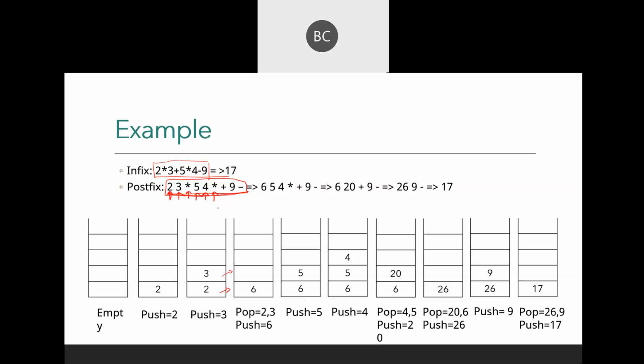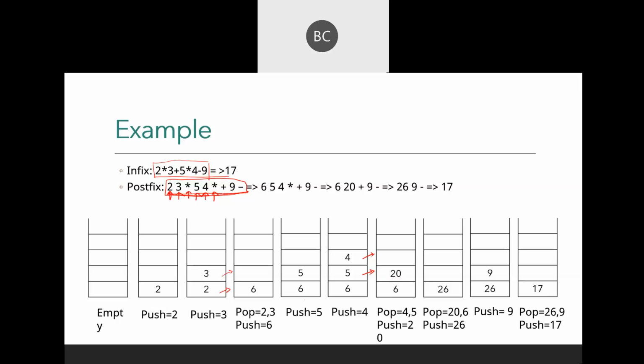You will pop out the top 2 operands, 4 and 5. You will multiply them. 4 into 5 is 20. So the result 20 will be pushed back into the stack again.